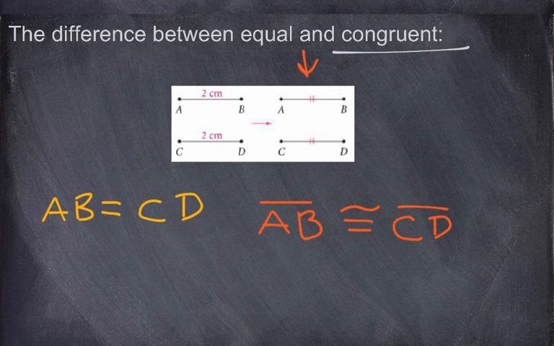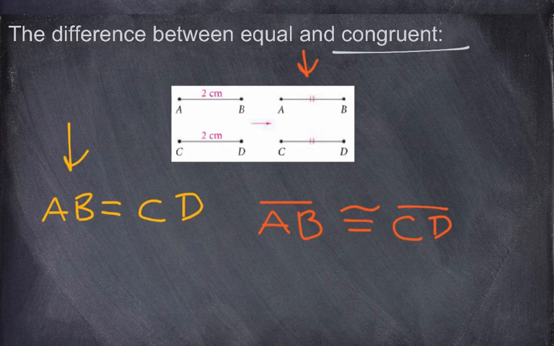Okay. Please notice the difference here. When we're saying the length, we put nothing above the letters AB, and we use an equal sign. So basically what we're saying with the yellow one is that the length of AB is equal to the length of CD. Whereas the other one says segment AB is congruent to segment CD.